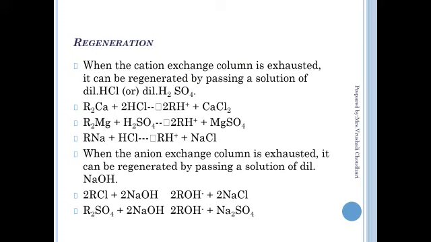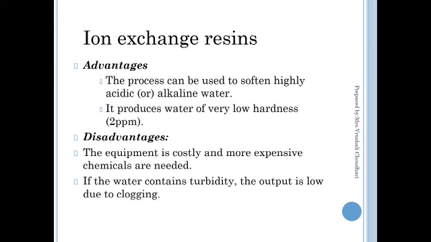When we pass the HCl, the cation exchanger is filled with H plus ions, and the excess calcium and magnesium are removed. Similarly, the anion exchanger is regenerated by using dilute NaOH, sodium hydroxide, which fills the anion exchanger with OH minus active ions and removes the excess of negative ions.